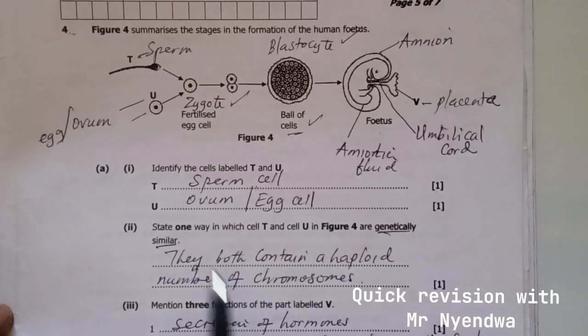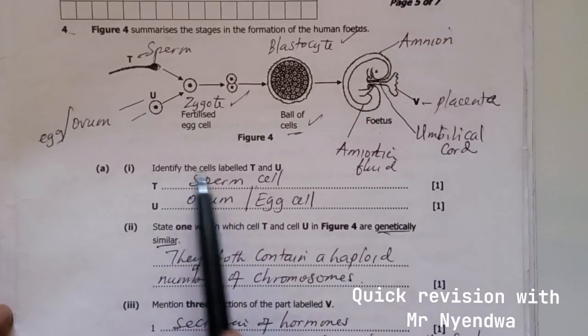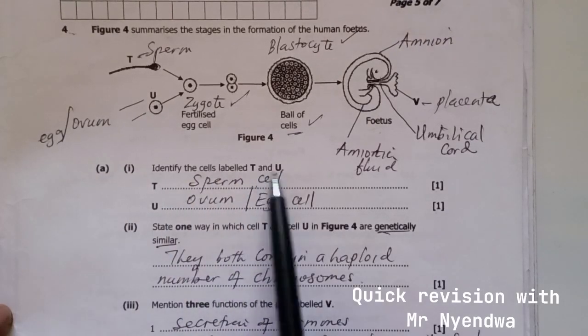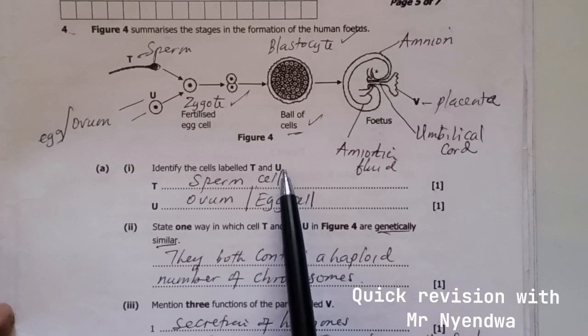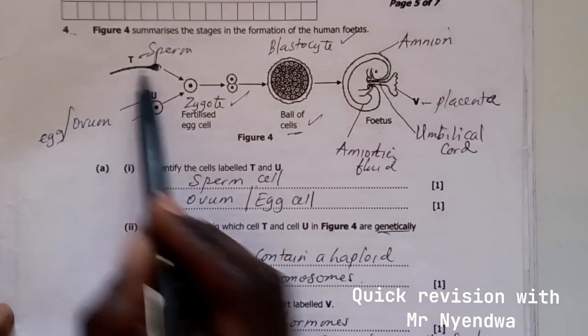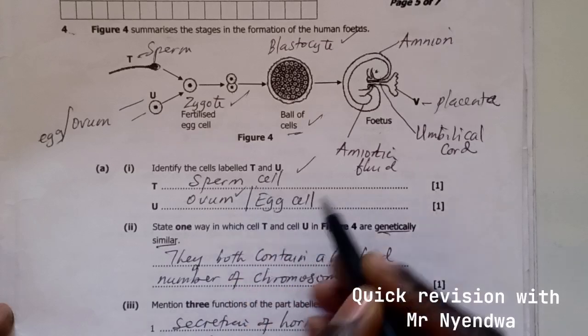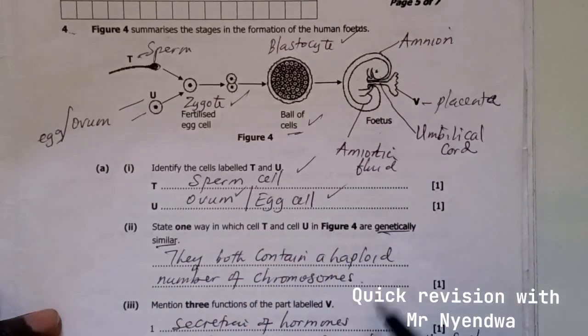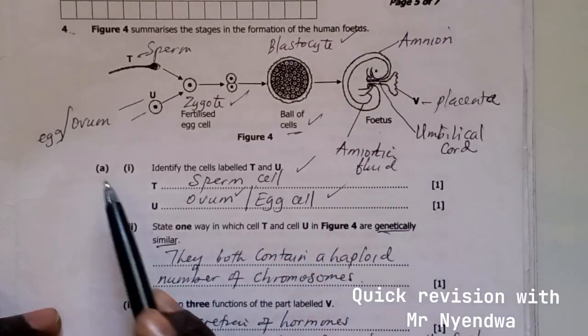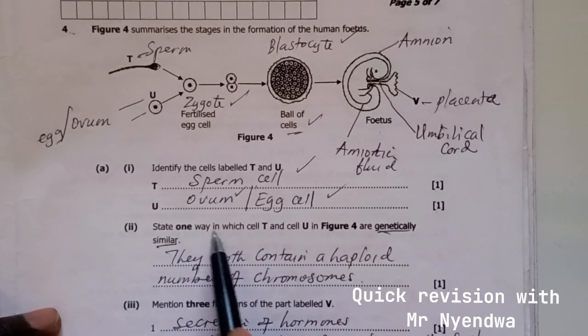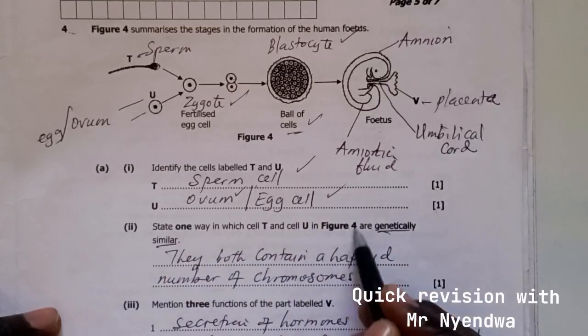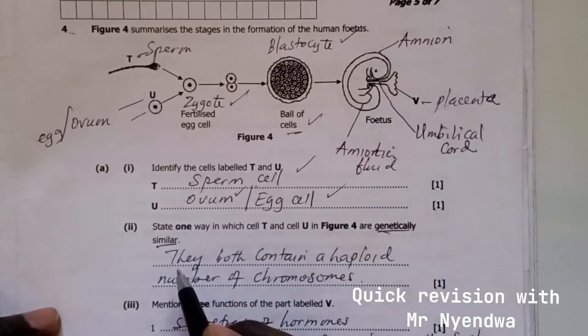So the question there was simply saying A1, identify the cells labeled T and U. If you look at T, we said it's the sperm cell, and U represents the ovum or the egg cell. Then A2 says, state one way in which cells T and U in figure 4 are genetically similar.